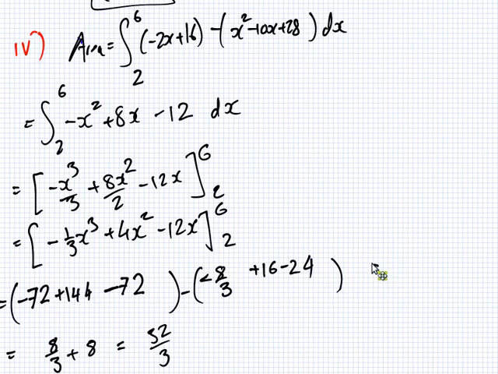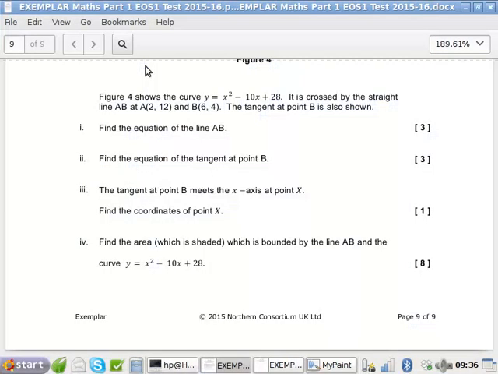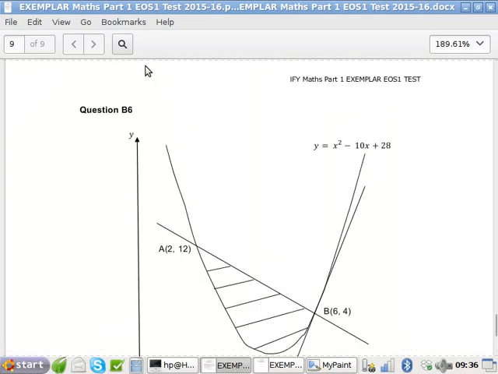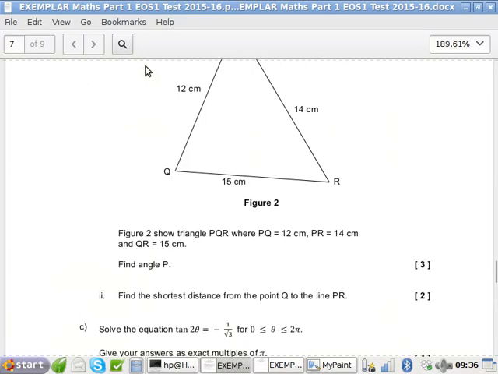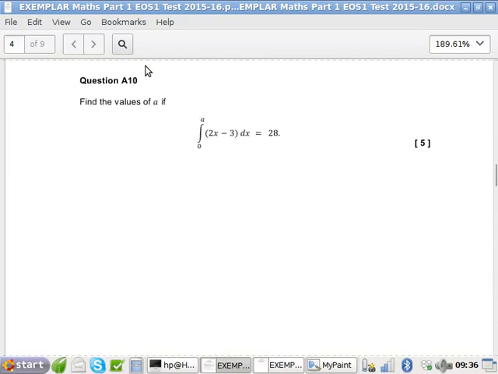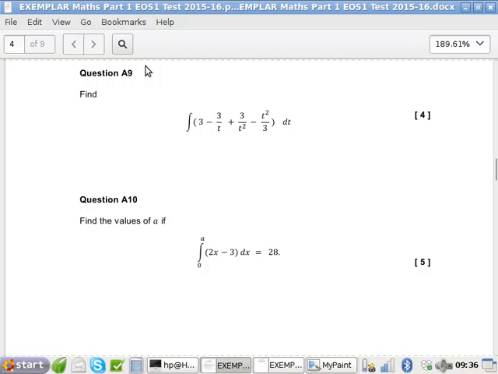But really 8 marks is quite generous, because all you're really doing is integrating. And if you look at section A of the exam, there was an integration question, and this one was a little bit tricky, and this was 5 marks, and this one here was 4 marks.